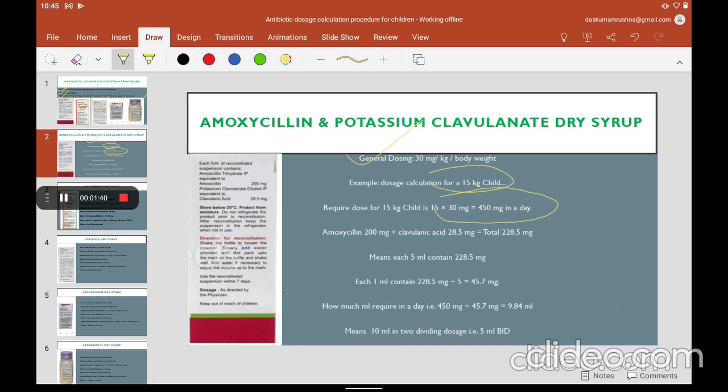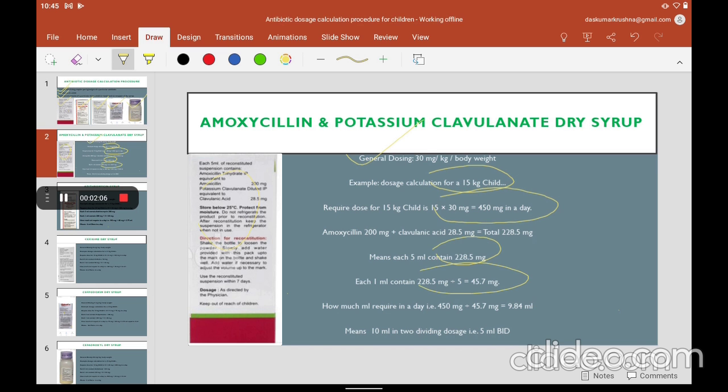Look at the wrapper. Here it is mentioned that each 5 ml contains amoxicillin 200 mg and potassium clavulanate 28.5 mg. Means each 5 ml contains 228.5 mg. Then each 1 ml contains 228.5 mg divided by 5, equal to 45.7 mg.